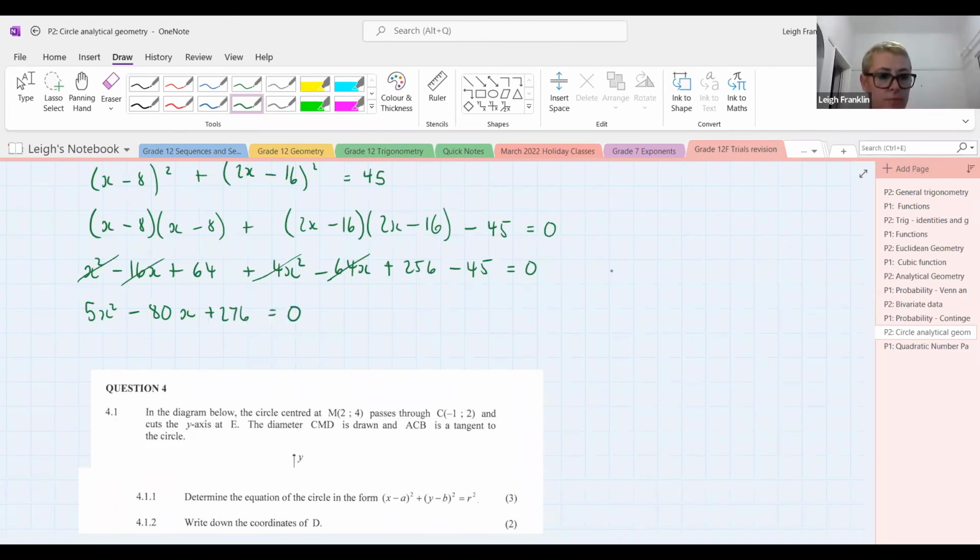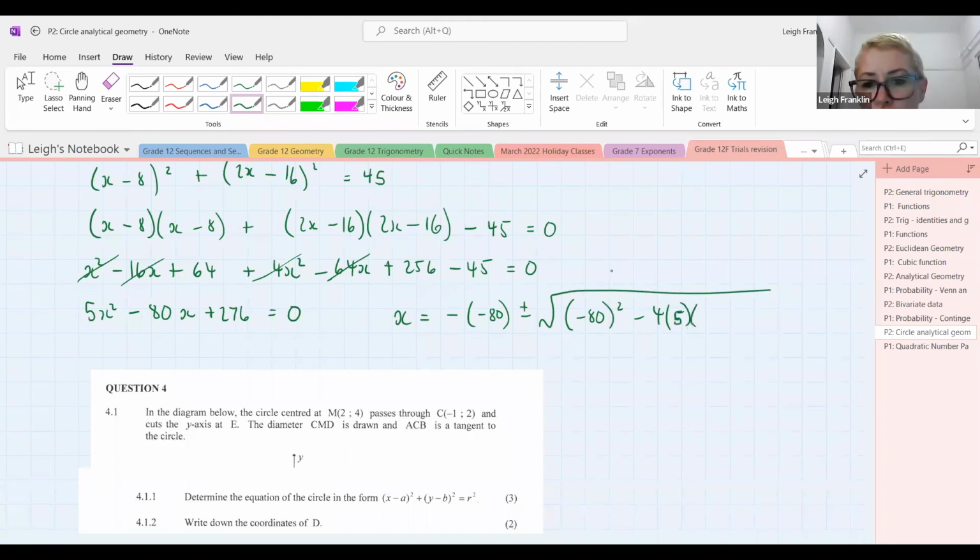Equals 0. Now, just to make life easier for us, let's use the quadratic formula. So x equals negative b plus or minus the square root of b squared minus 4ac, and I've got to show that I've subbed into the quadratic formula, all over 2a.